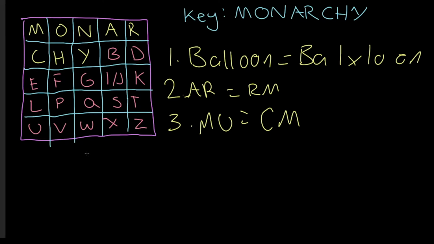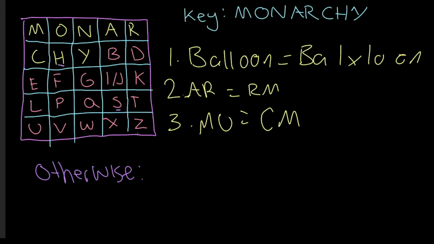So if your digram doesn't meet any of these 3 rules, that's okay. We have an otherwise. Otherwise, each letter is replaced by the one in its row in the column of the other letter of the pair, if that makes sense. For example, HS, where it's H and S, so here and here.